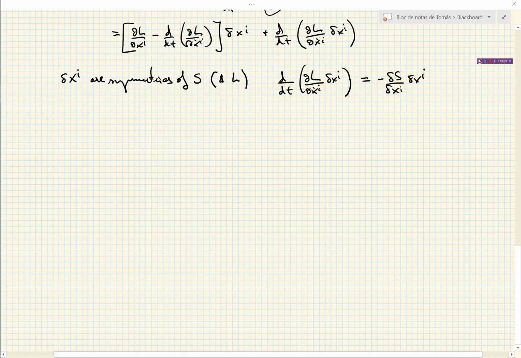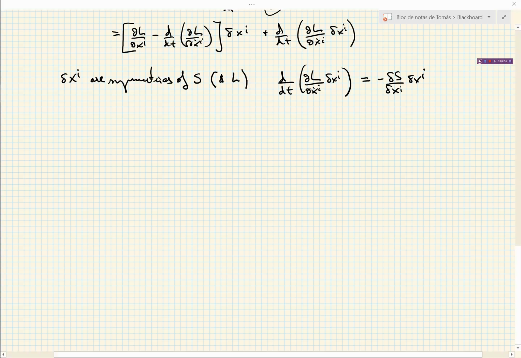I could again put this in a box, but before I do this, observe that the left hand side is a total derivative with respect to time, while the right hand side is proportional to the equations of motion. So suppose that my xi is indeed a solution, then for this particular delta xi, this right hand side would always vanish, and then I could have some sort of conservation law.